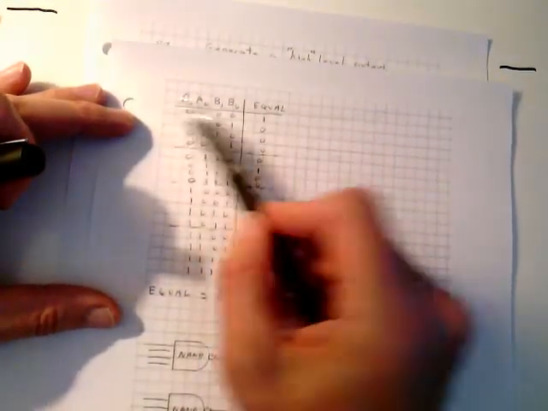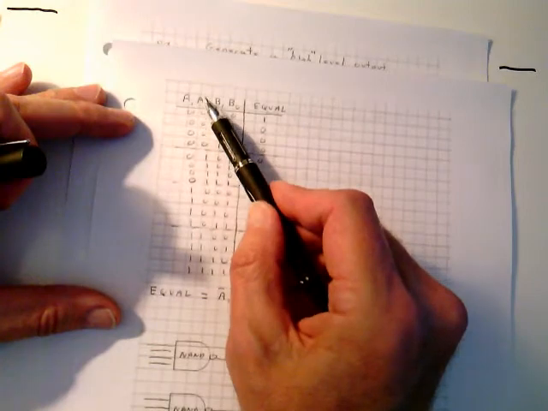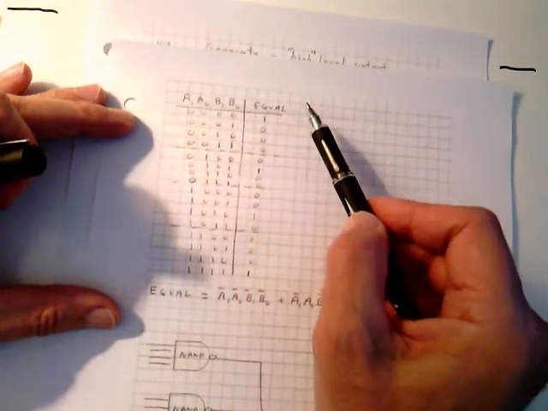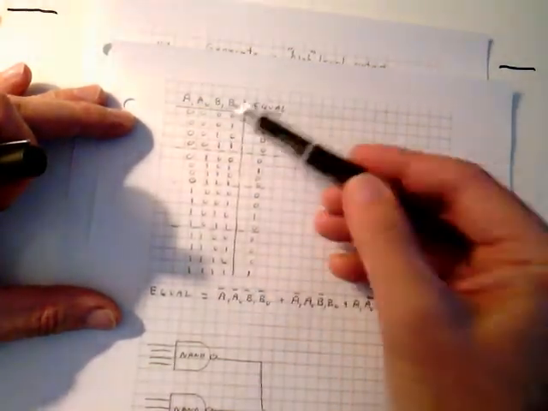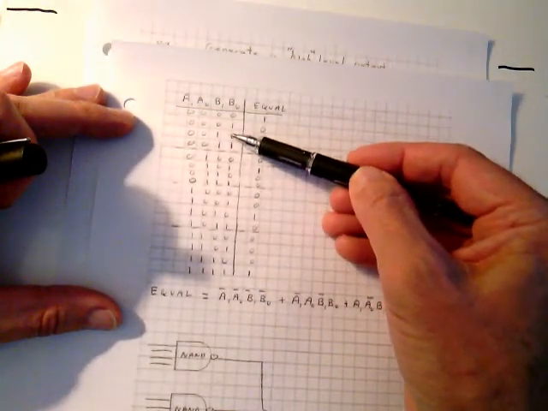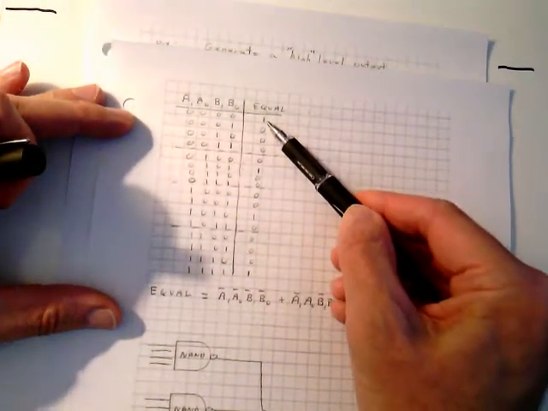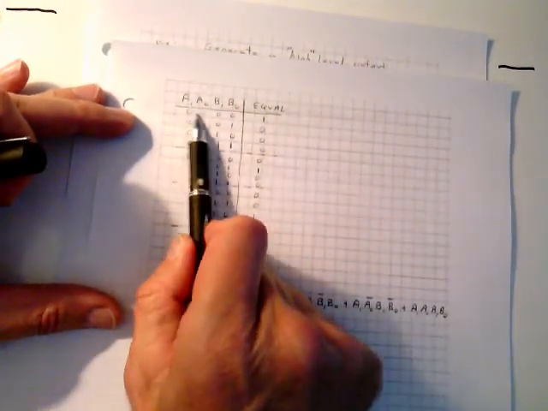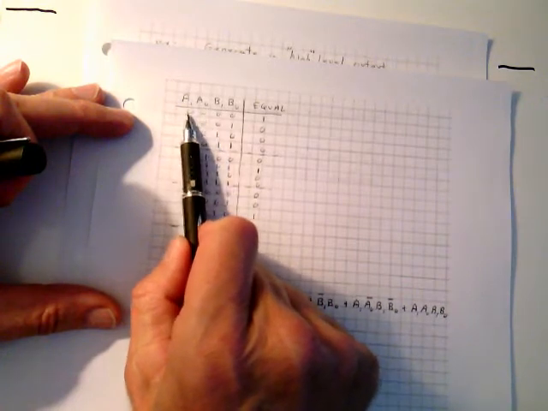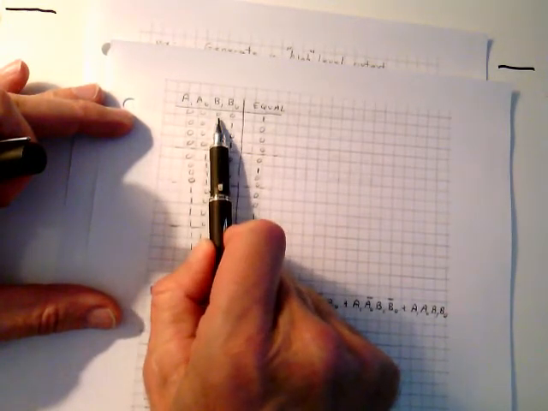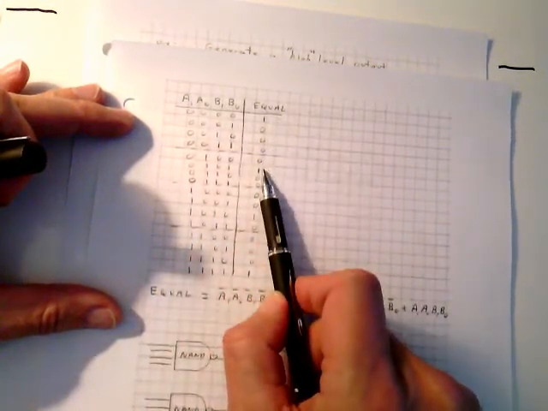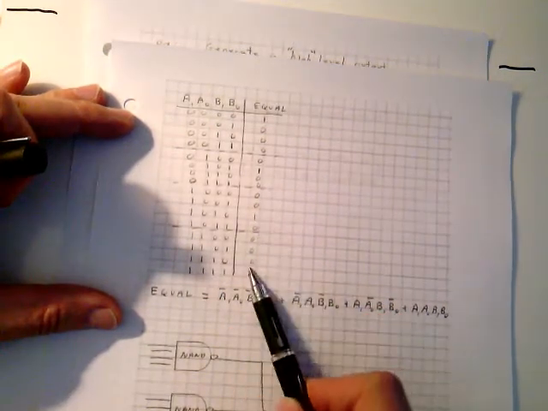You can do this in any order you want to, but I did A1, A0, that's a 1 register, and B1 and B0. They're all combined together as inputs. You have 16 possibilities. You put them in order, 0, 1, 2, 3, the whole way down to 1, 1, 1, 1, 15. And then you go through here and you produce fundamental products when A1 and A0 match B1 and B0. Here, here, here, and here.